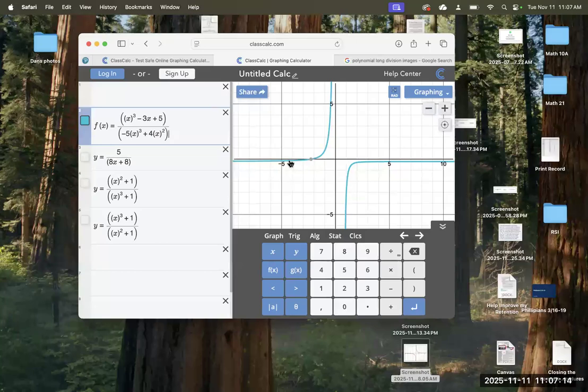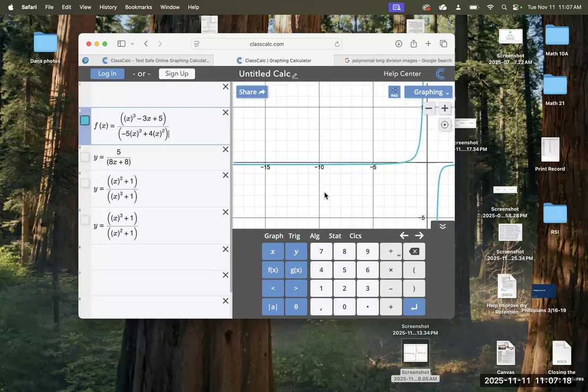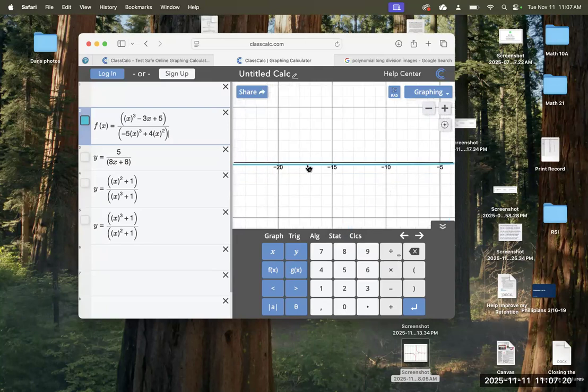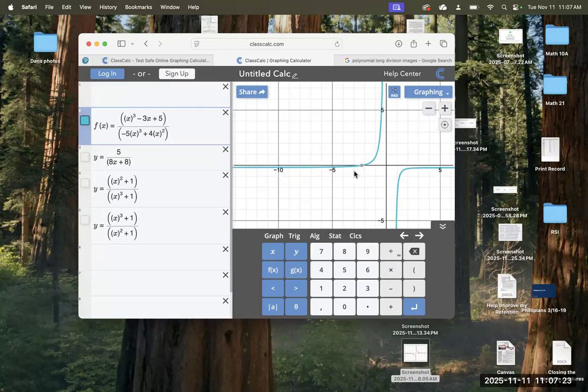As I click on points here and keep going, you can click on a point like right here.